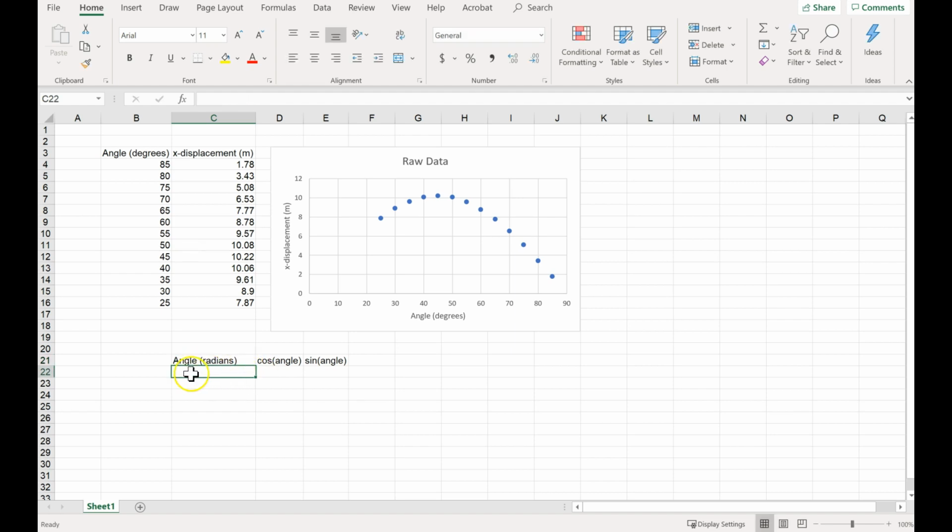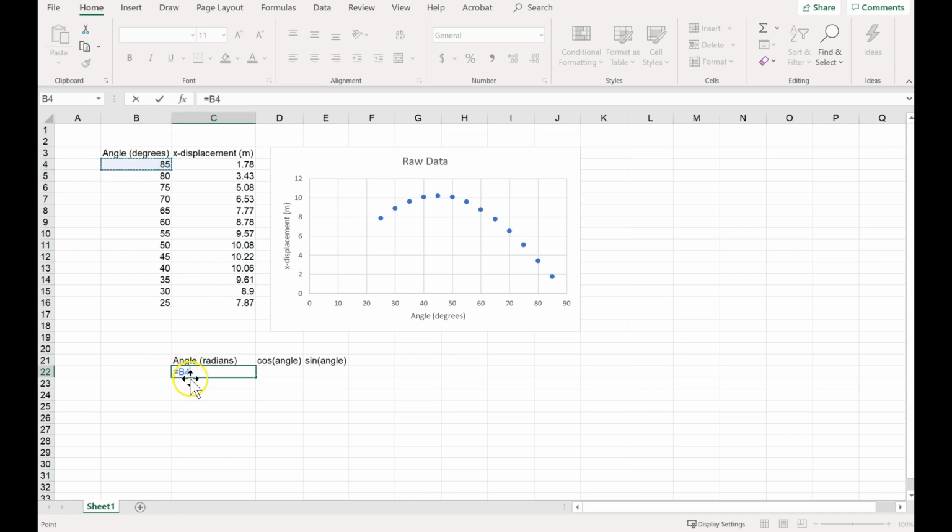Now in this cell, we will type out a formula that converts the 85 into radians. We're going from degrees to radians. Every formula must start with the equal sign, so on your keyboard, click equals right now. It's beside backspace. And then instead of typing out 85, take your mouse, hover over the 85, and click that cell, which is column B, row 4.